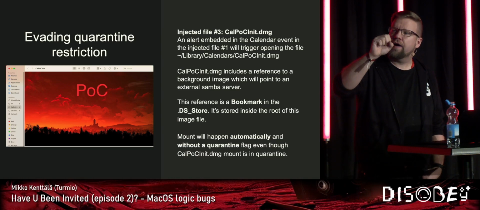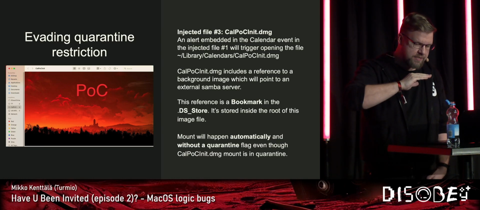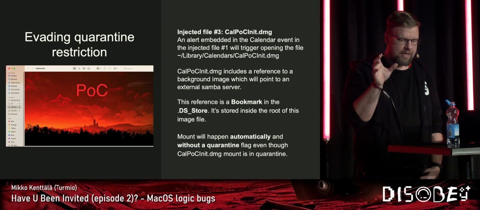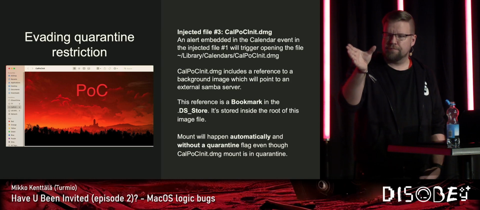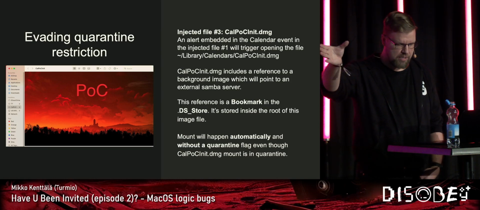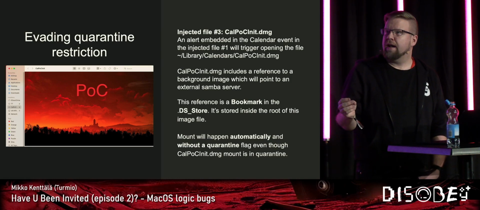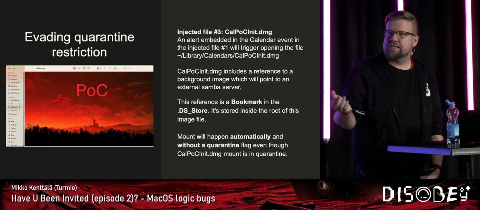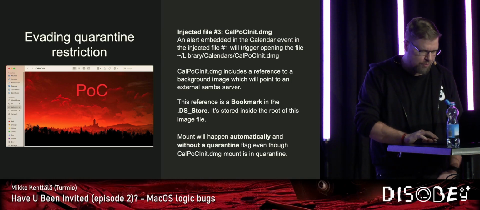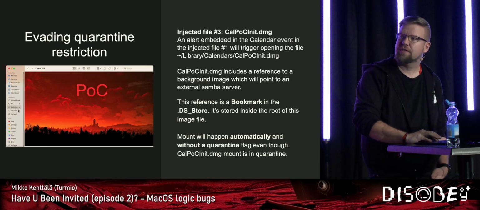Whenever your Finder opens that view, it reads the storage and figures out that, oh, there's a background related to this. I will show that, and that background is stored over here. Oh, it seems to be a Samba mount. Okay, I will just mount it, because the username was included. It will automatically mount it, and that way, all of a sudden, you get, maybe you can see it in the right or left corner.